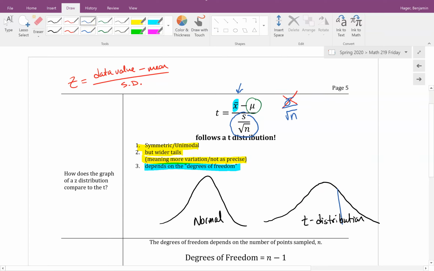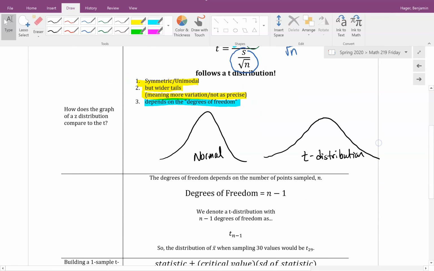You consult a table, you consult StatCrunch, but you have to tell the table or StatCrunch how wide this particular curve is in order for them to give you an accurate answer. So the degrees of freedom, we always need to keep track of that. It's your sample size minus 1. It's 1 less than your sample size that we classify as the degrees of freedom.